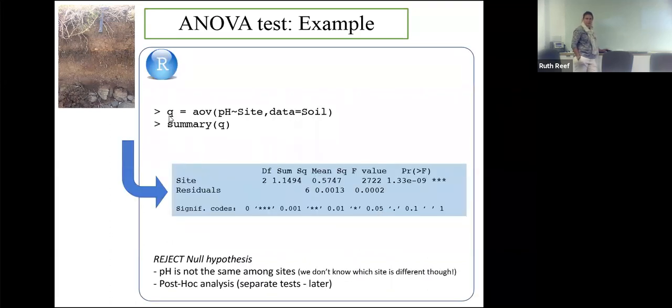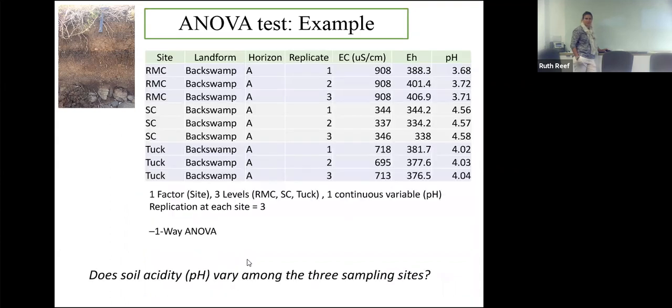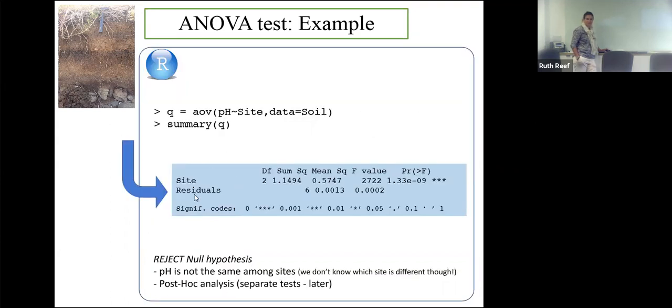Now, using R, I can build an ANOVA. Okay, so remember we can use the equal sign, almost the same as we can use that arrow sign. So if I have an arrow somewhere, I'll show you next time. And I will do an aov, an ANOVA, of pH, and this little squiggly line, the tilde, is as a function of site in the dataset soil.